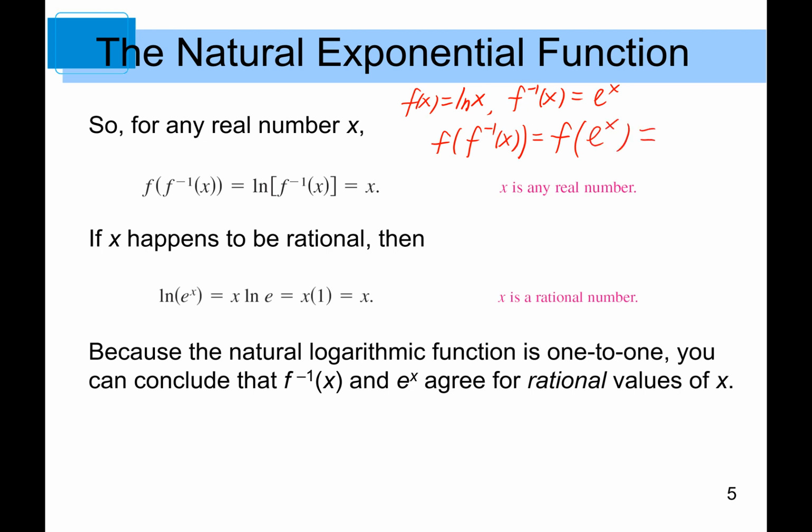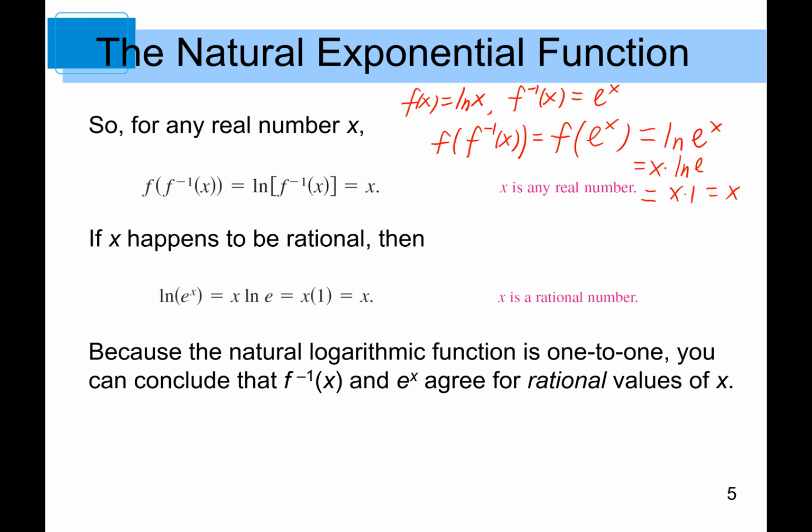So when you go back to function f of x and replace x with e to the x, you end up with ln of e to the x. You can put the exponent in front, so it becomes x ln of e. ln is log with base e, so ln of e is 1, and it becomes x. So it basically verifies they are inverse functions, right?